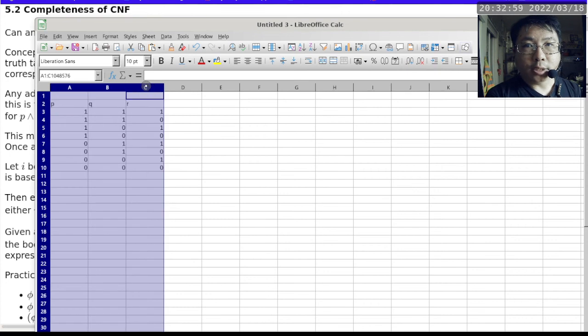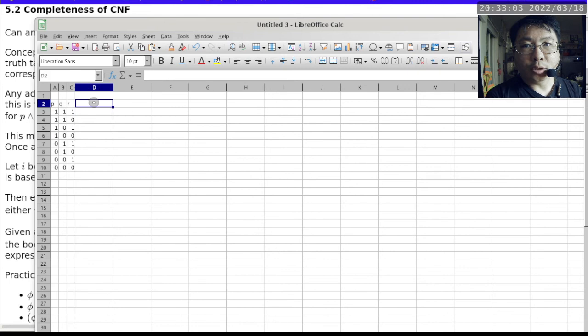So the next thing we're going to do is to evaluate a certain Boolean expression. We are going to express p implies q and q implies r. So there we go. Now you might say, oh man, this is going to be a chore to do everything by hand.